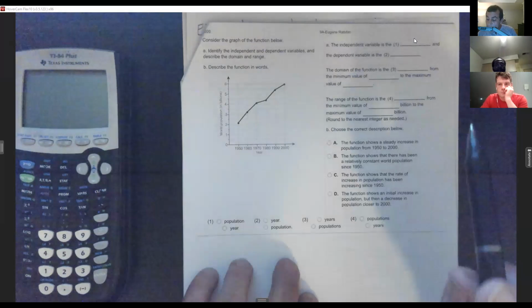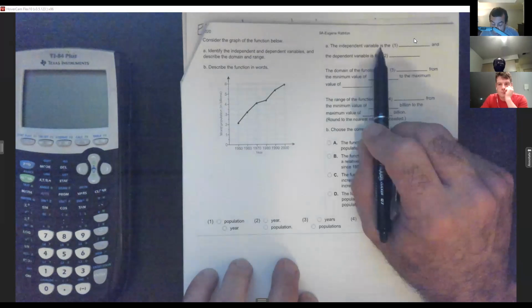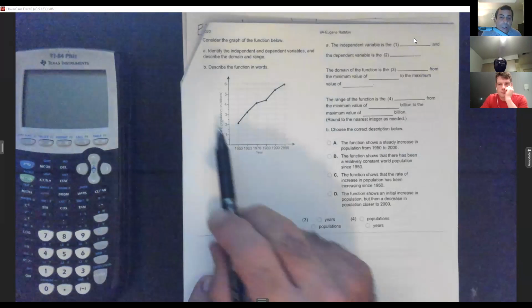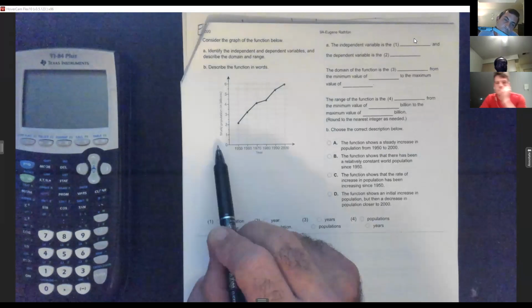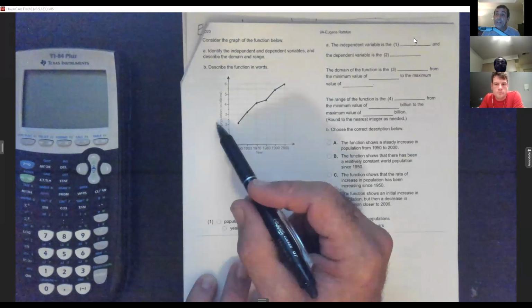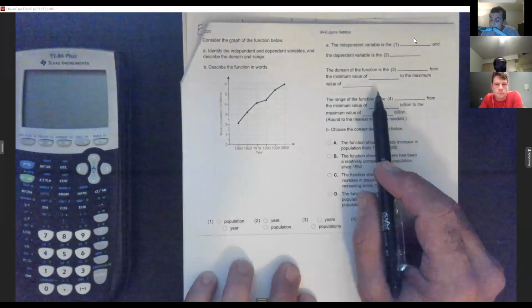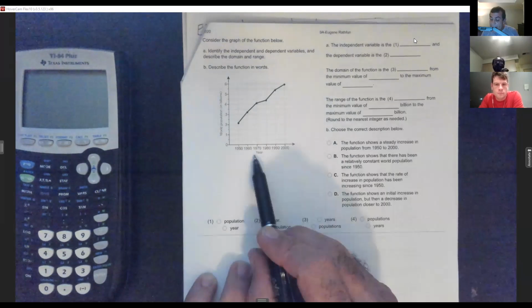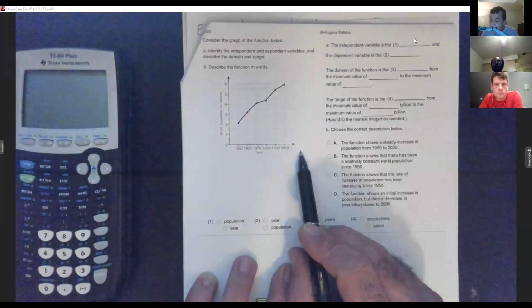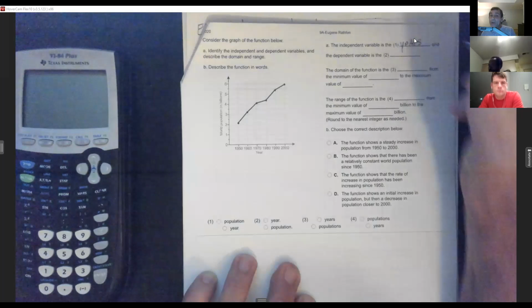So the independent variable on this is going to be, so your two variables over here says what, world population in billions, and this is your years. So the independent variable is going to be the years because that's on my x-axis, right? So the years is going to be our independent variable.